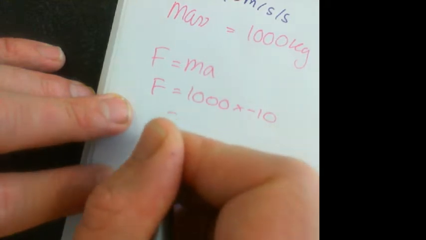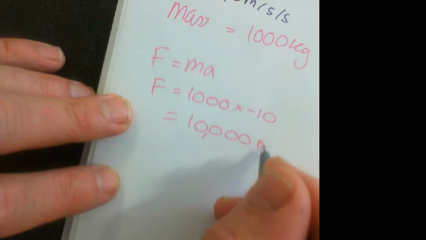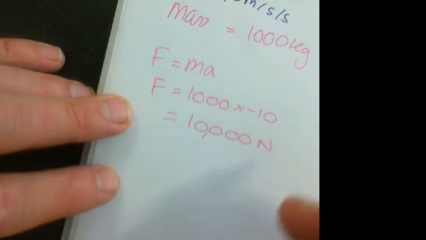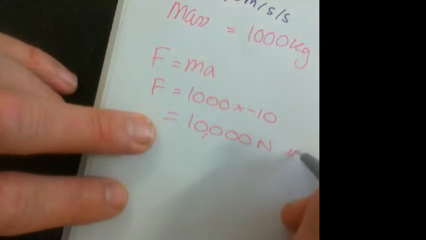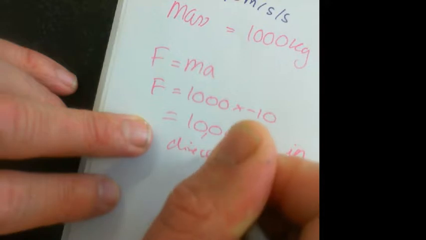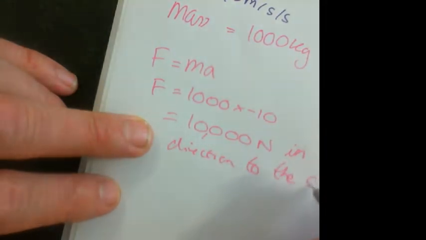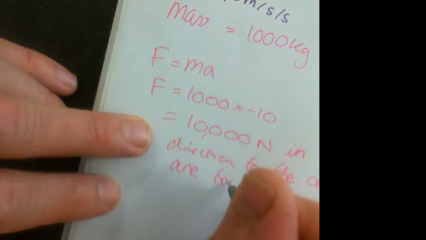So it's saying that you need 10,000 newtons, and the minus just tells you the direction. So in the opposite direction to the one you are travelling in.